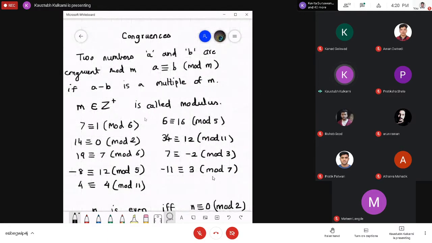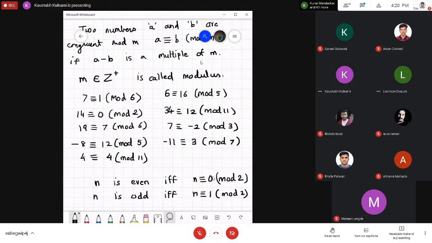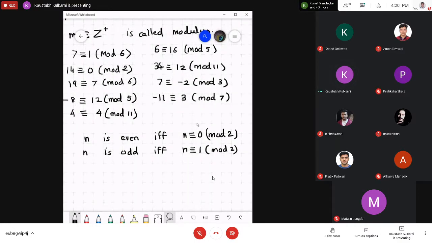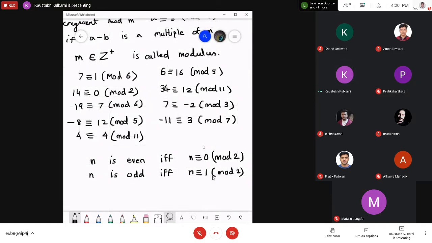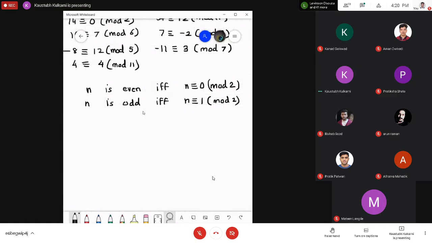By definition we are saying that a is congruent to b mod m means a minus b is a multiple of m. So multiple means something multiplied by m. So let that integer be k.